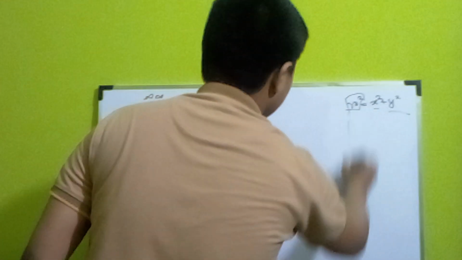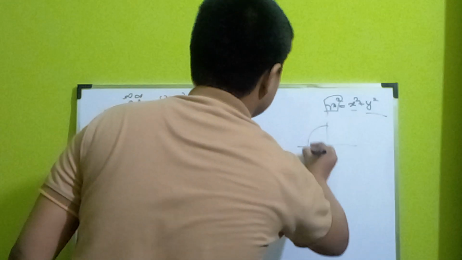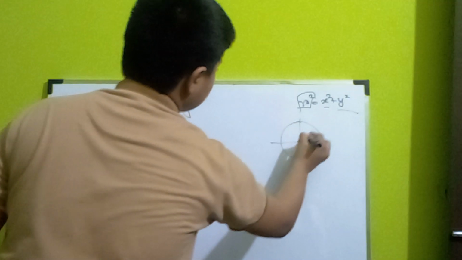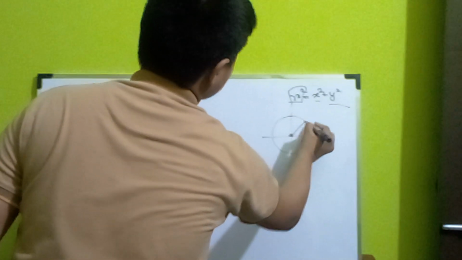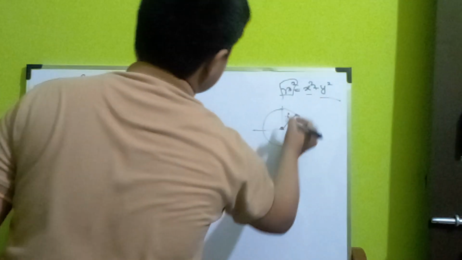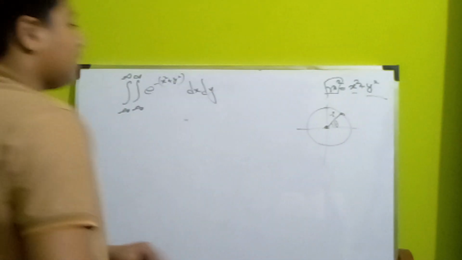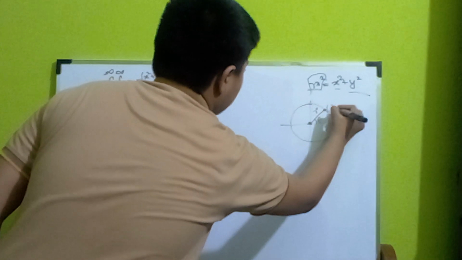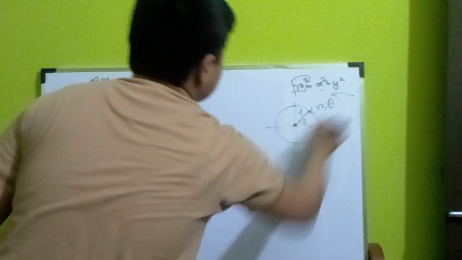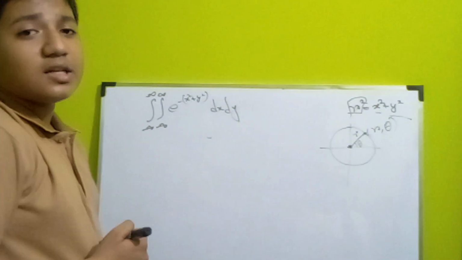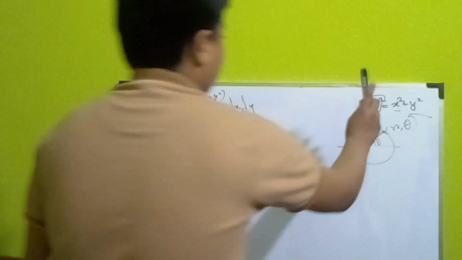In polar, we only care about the distance r from the origin to this point and this angle theta. This point is denoted as r comma theta. This is all we care about in polar coordinates, and in Cartesian coordinates we care about x and y.